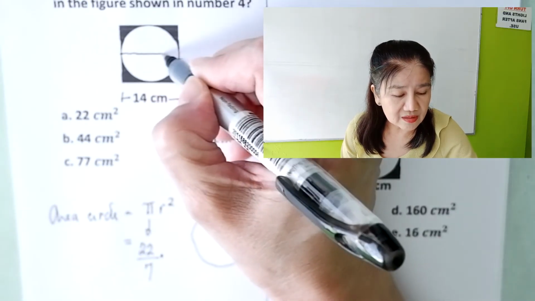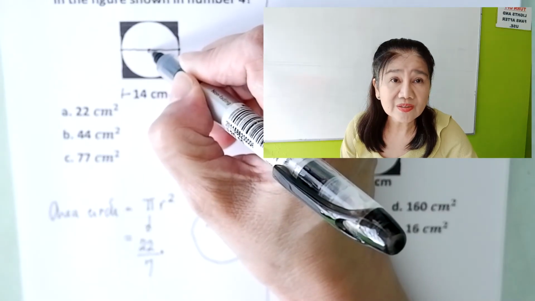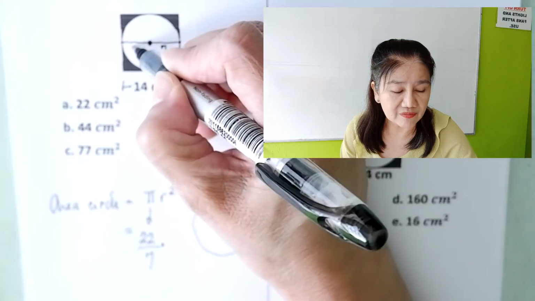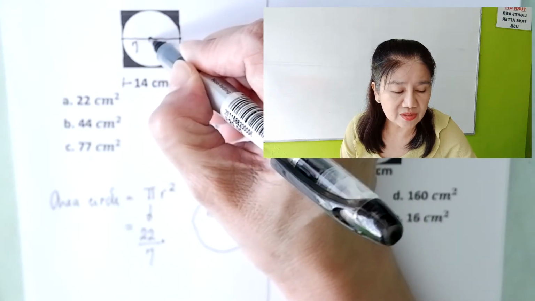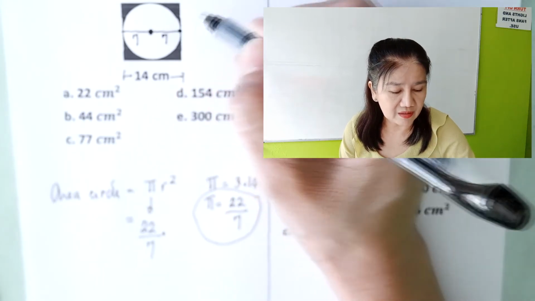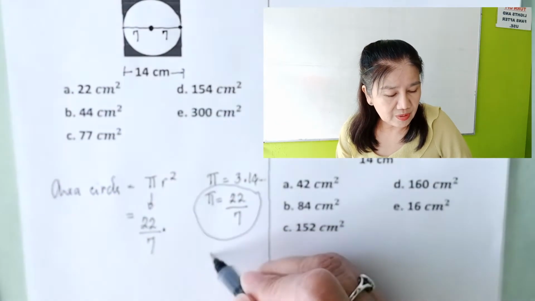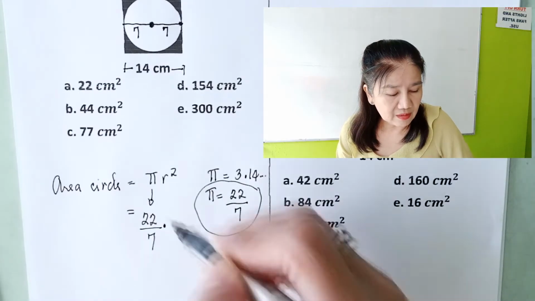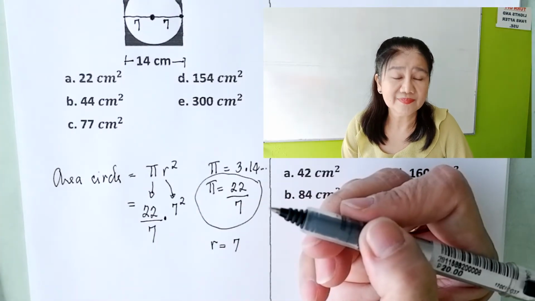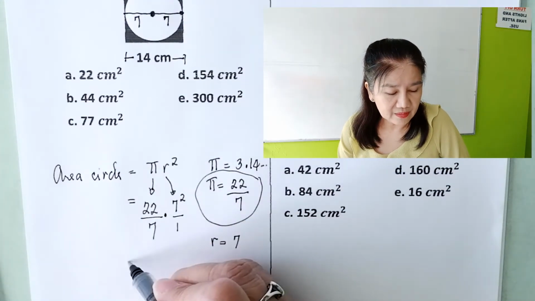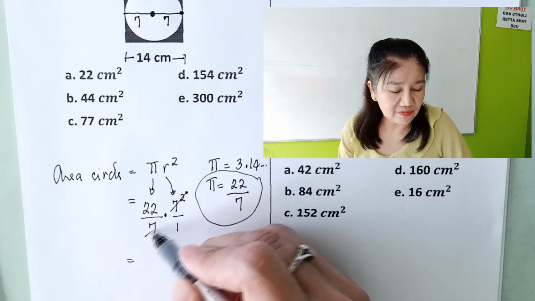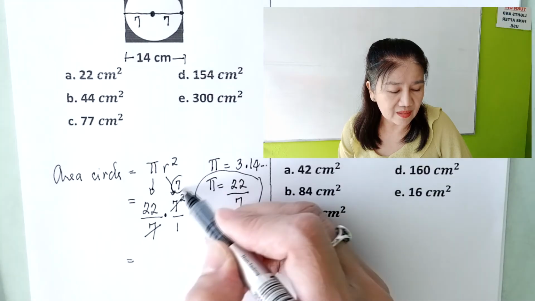This would mean that this is also 14. So your r is going to be 14 divided by 2, or 7. Meaning from the center of the circle to the circle is 7. That would be r. So now, we plug in here r to be 7 squared, right? So this is over 1. Take note here that 7 squared is 49 divided by 7 gives you a 7.